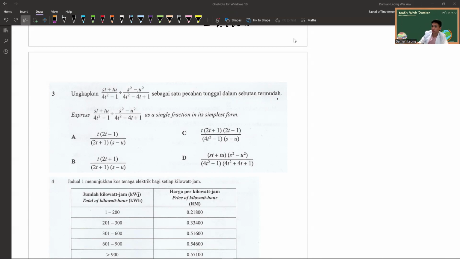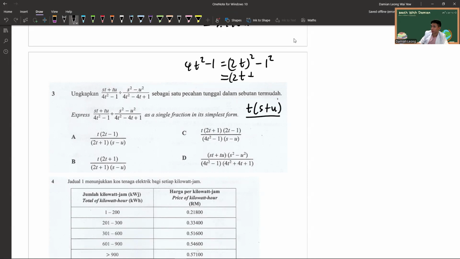So factorize this, st plus tu has a common factor of t. So take out t, s plus u. 4t squared minus 1 is the same as (2t) square minus 1 square. So this is in the form a square minus b square.